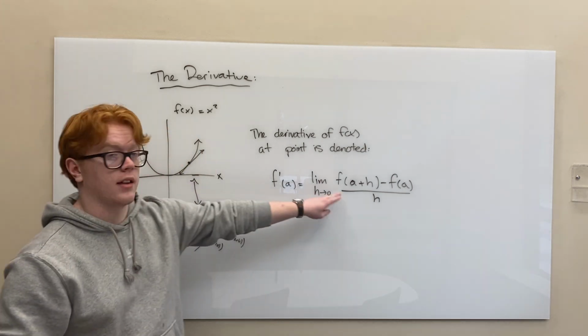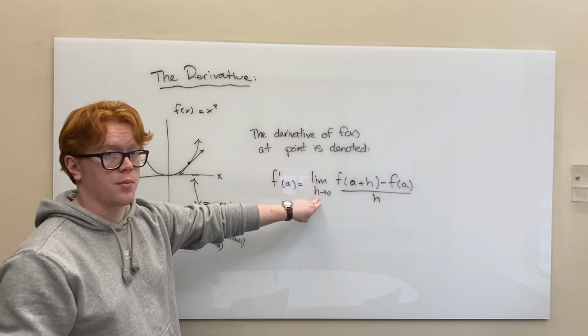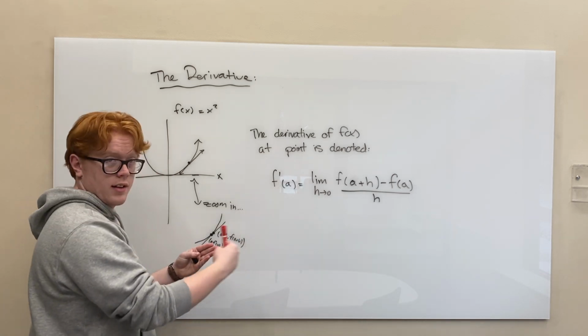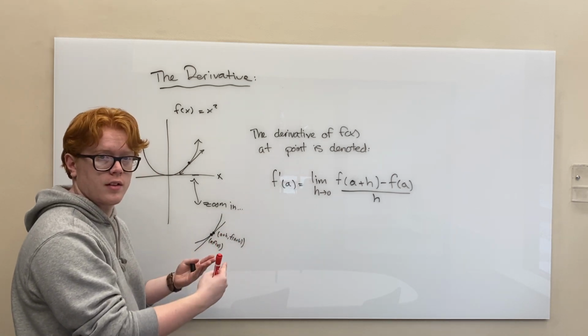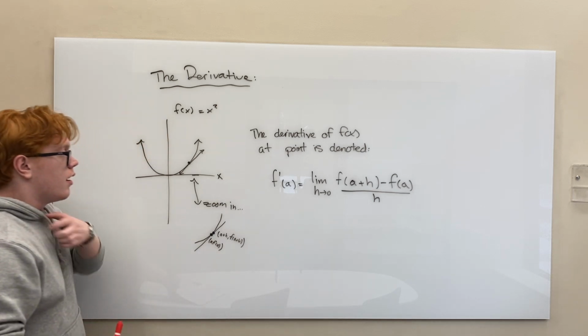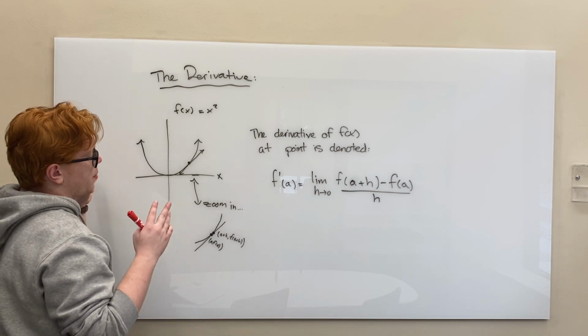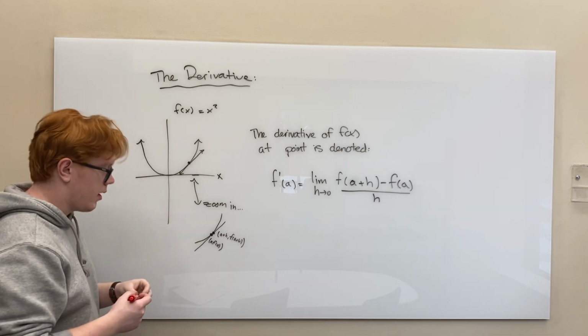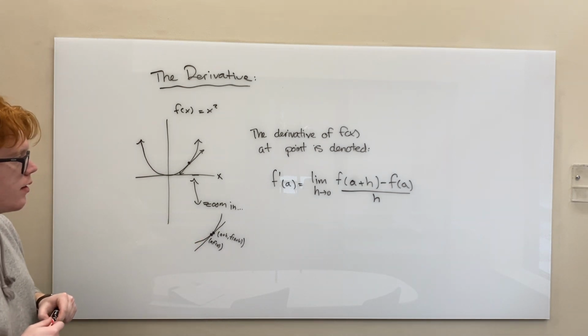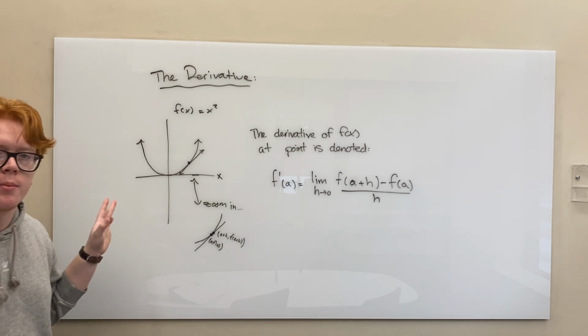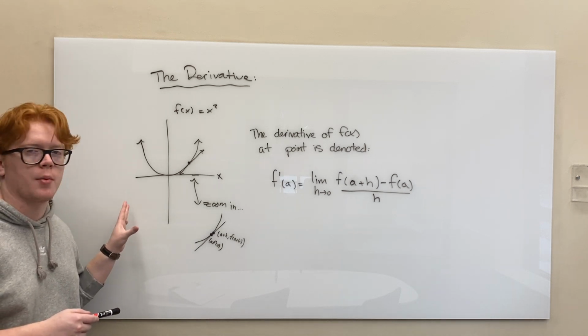Basically we're taking the difference here, and the limit as h approaches 0 is as the points become infinitesimally close. That's our basic idea of the derivative. Pause the video, take these notes, and then we're going to do a couple of examples.